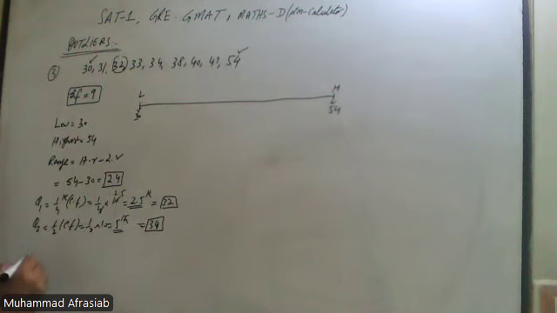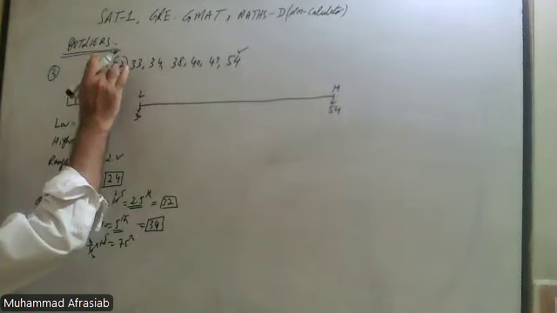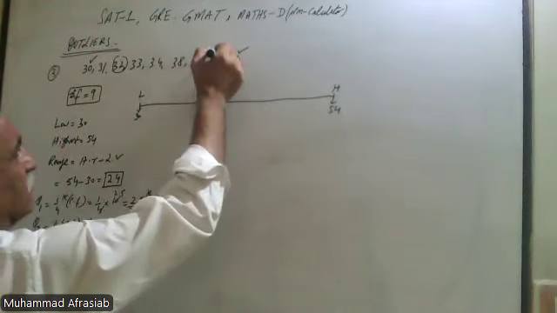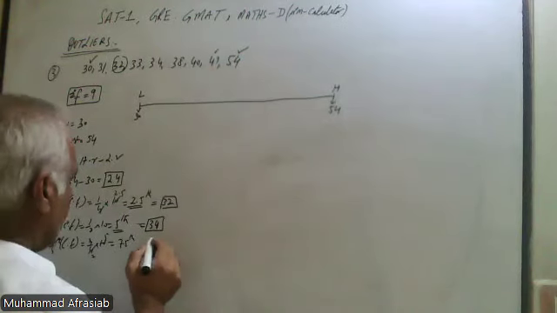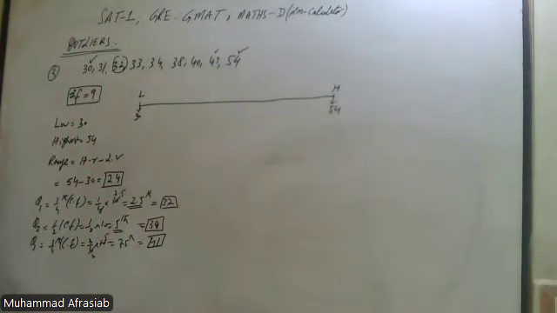Then the upper quartile, that is 3/4 of that CF, 3/4 of 10. So the number lying at the eighth position is the upper quartile. 1, 2, 3, 4, 5, 6, 7, 8. So that is 41. So 41 is the upper quartile.